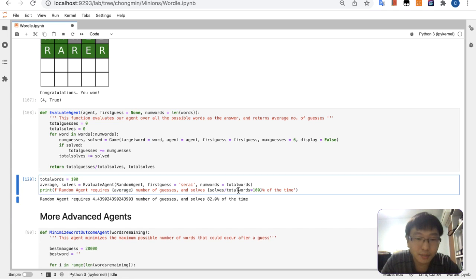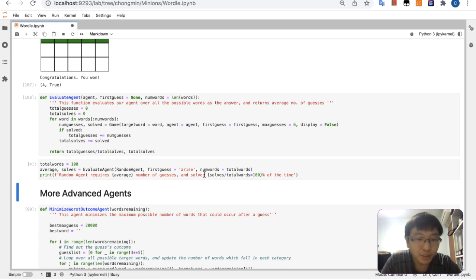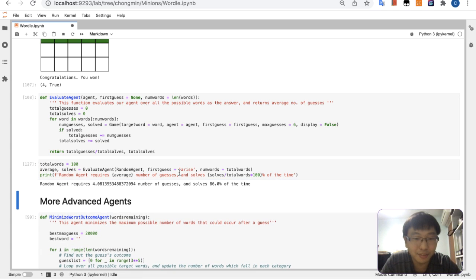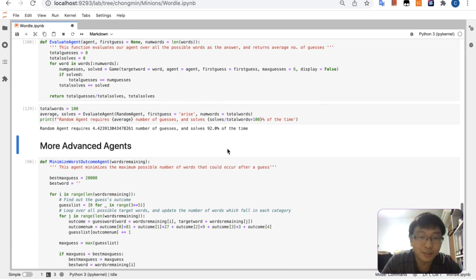Actually it's not that great, right? It doesn't solve as much as, I mean we could do an average of this, but I'm pretty pleased to see this. This is my favorite starting word for Wordle. In fact, I always use arise as the starting word. Well, it looks like it does pretty well, even just for a random agent like that.